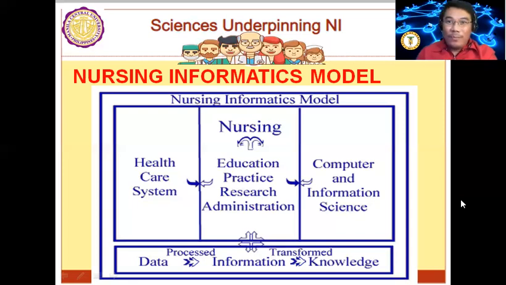To sum it up, this considers what we call nursing informatics. When we combine nursing informatics, the healthcare system, and the areas of nursing, these are the nursing informatics model, which may help to process data and information and transform them into knowledge. That's why if data is processed into information, it becomes relevant and useful.